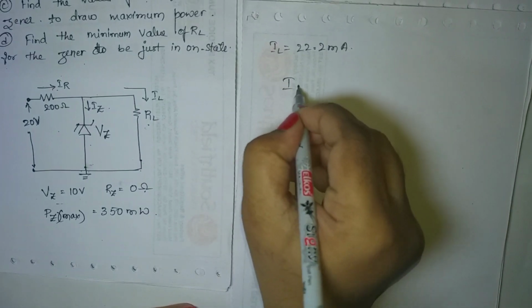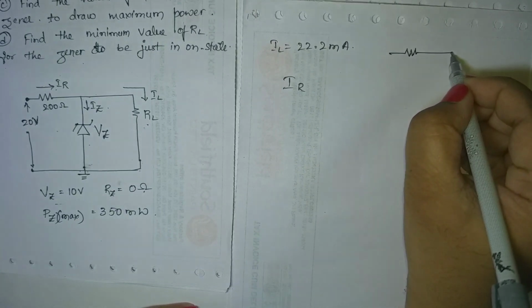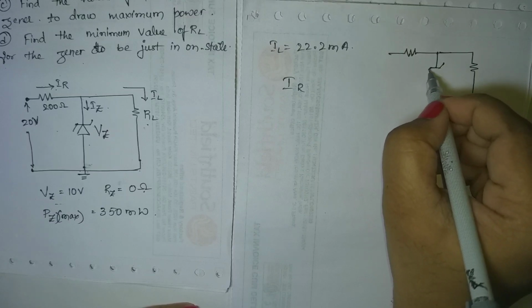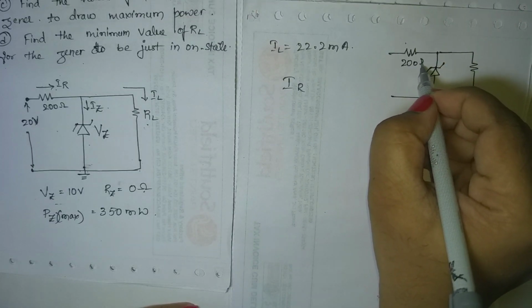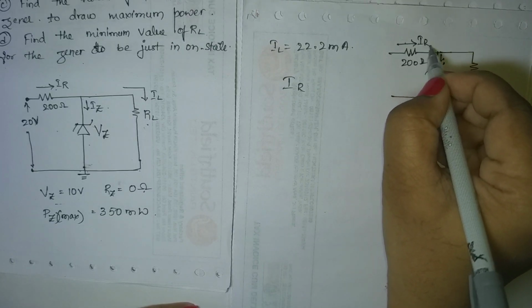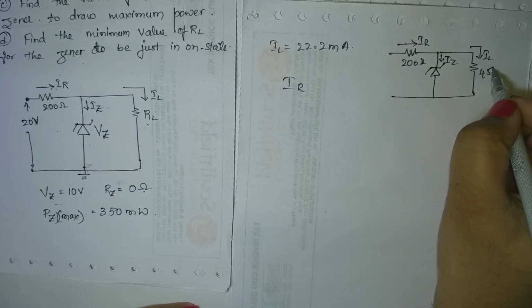Now I need to find IR. If I rewrite the circuit, here you have 200 ohm and this is IR, IZ, IL, 450 ohm.